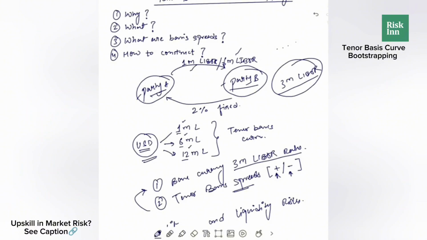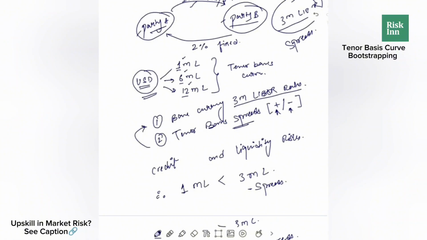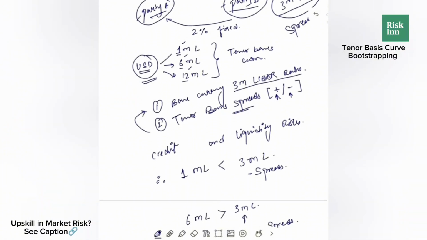So what are these spreads that we need to adjust? These spreads are broker quotes, and they come from interbank tenor basis swap transactions. These spreads exist in order to compensate for credit risk and liquidity. For example, the credit risk involved in a 1 month tenor is less than that involved in a 3-month tenor.